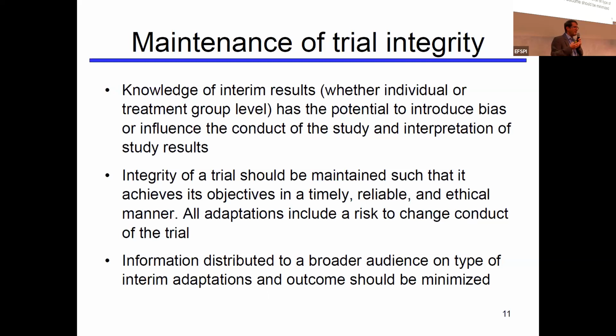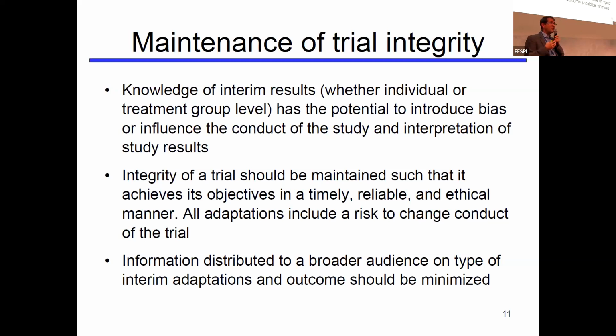And one thing is, of course, that you have to limit as much as possible the information you gain during an interim analysis to as small an audience as possible. IDMCs are even more important in adaptive trial designs than in others.